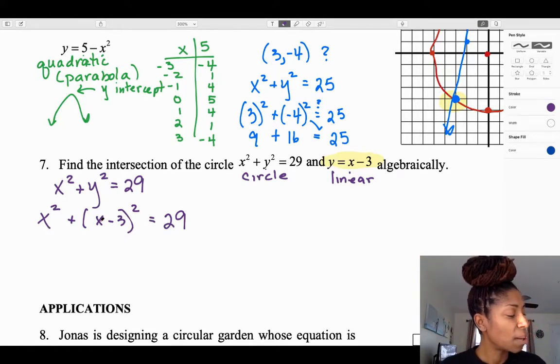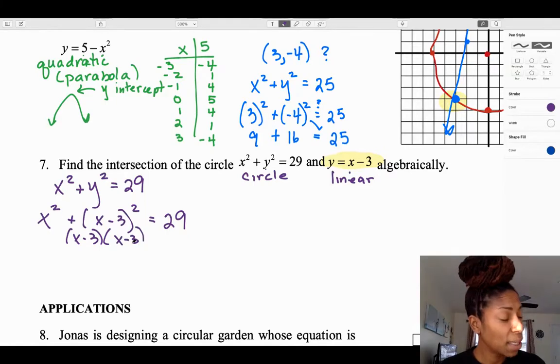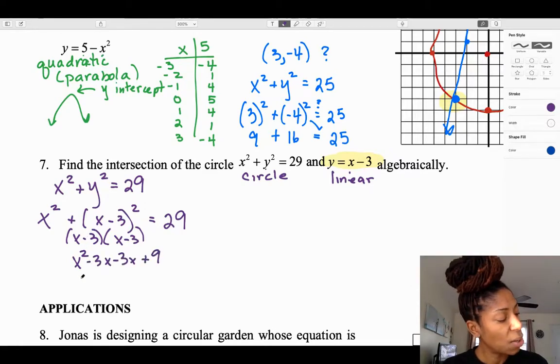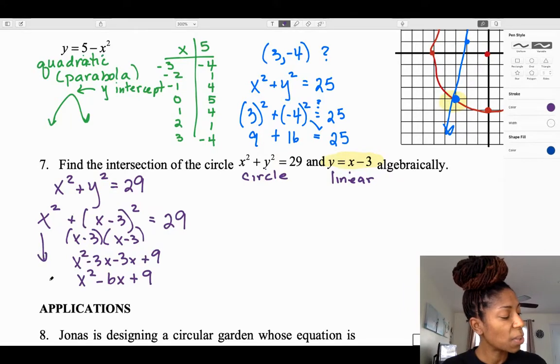So let's do (x minus 3) squared. (x minus 3) squared means (x minus 3) times (x minus 3), right? And that will give us x squared minus 3x plus 9, which is x squared minus 6x plus 9. And then I'm just going to bring this x squared down.